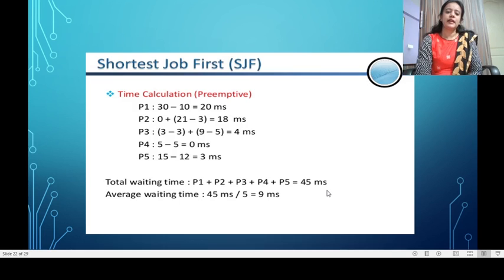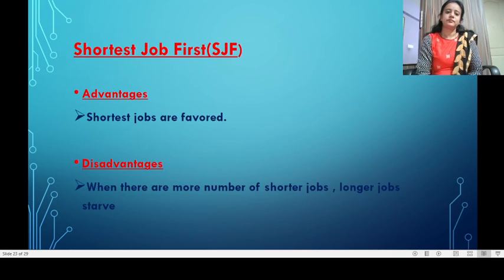In the same way, we will calculate the total waiting time and average waiting time of each process. Shortest job first is favored because the process with very little CPU burst time is given a chance, and compared to first come first serve, it is very good.